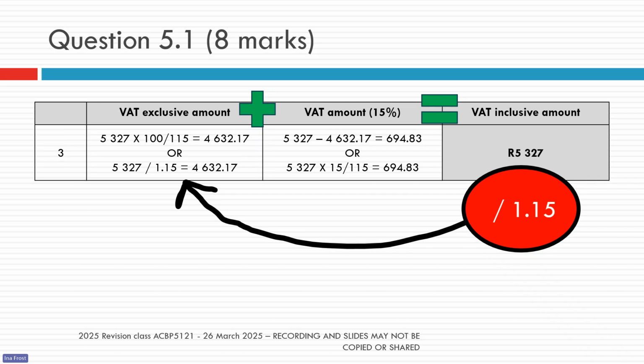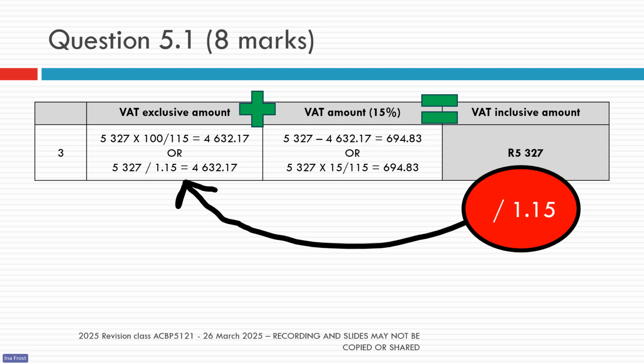Then to get the VAT amount, I'm either going to use the difference between the VAT inclusive and exclusive amounts, like we've done in the top row, or I'm going to again use the what I want over what I have formula, and then I will use the 15 over 115.